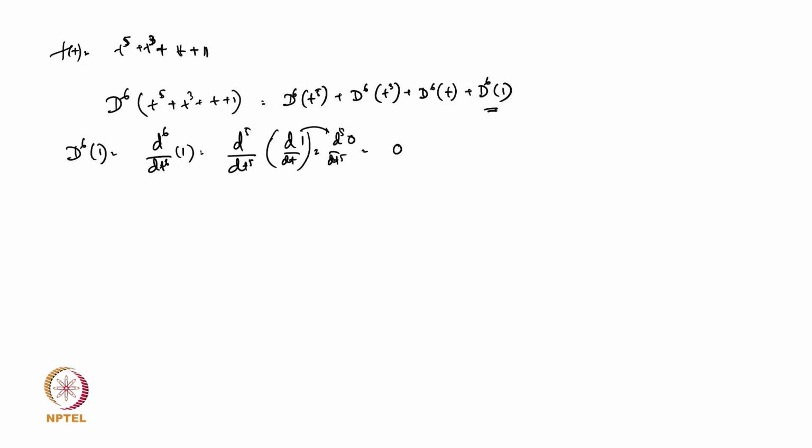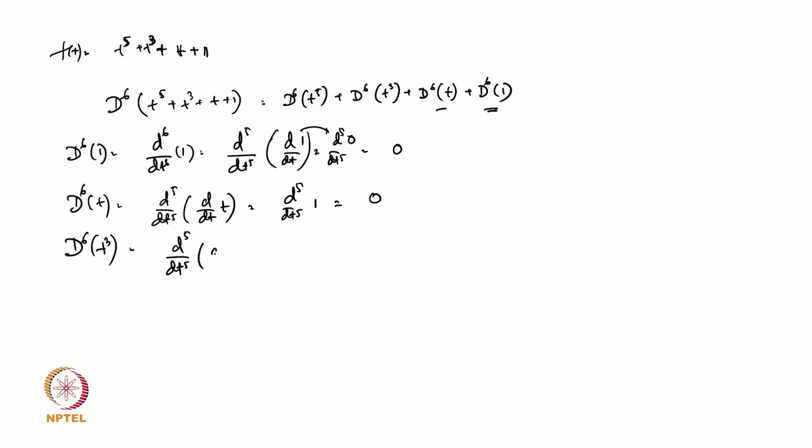Now let's see this term, D6 of t. We can see very easily that this is d/dt5 of d/dt of t, which becomes d5/dt5 of 1, so that also becomes 0. Now let's see what happens with t cube.